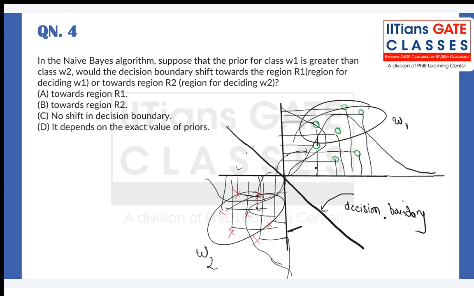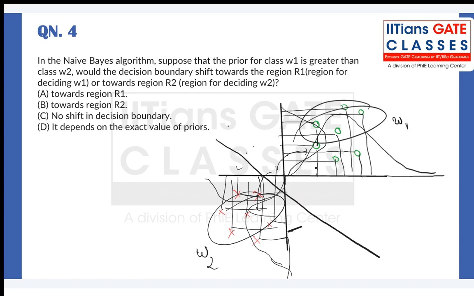So to ensure that W1 gets more number of points, your decision boundary should be somewhere here, so that more number of points fall beyond the decision boundary such that they are classified as green, and more number of points are classified as red, which fall lesser than the decision boundary.